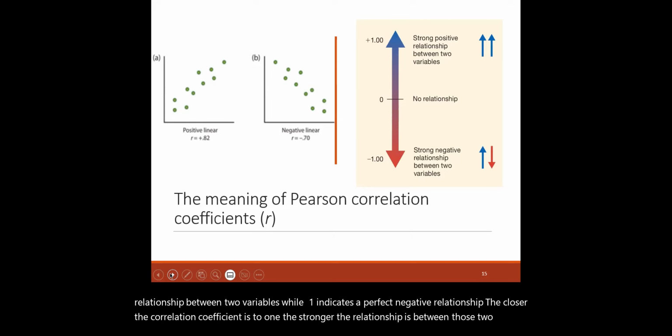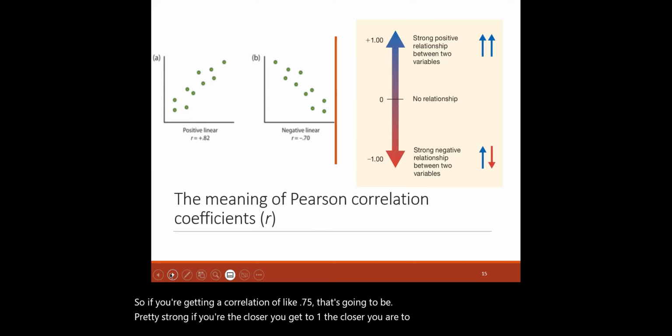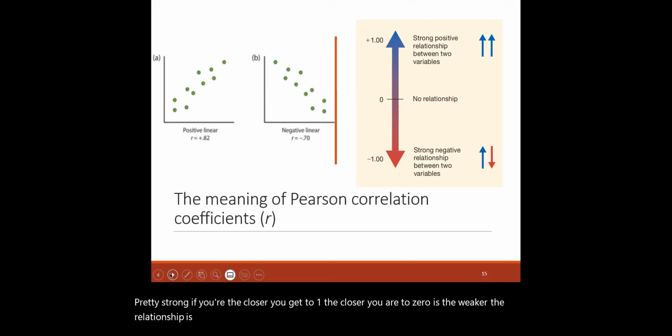So if you're getting a correlation of like 0.75, that's going to be pretty strong, the closer you get to 1. The closer you are to 0 is the weaker the relationship is between those variables, to 0, which is no relationship between the variables. So let's do a little example here.